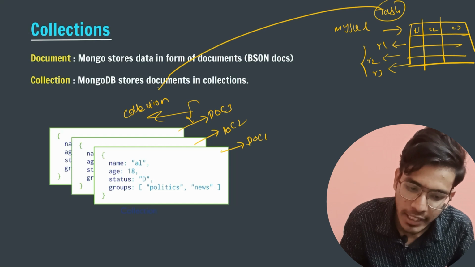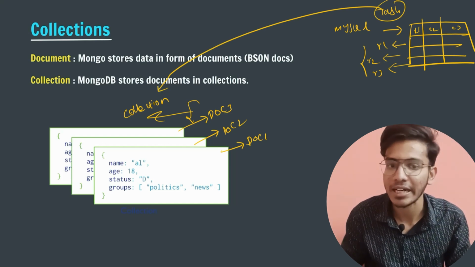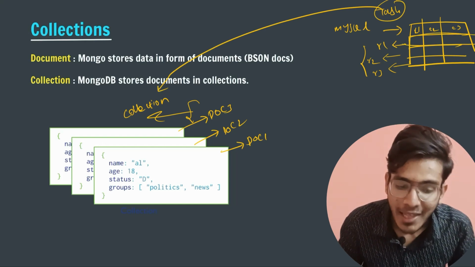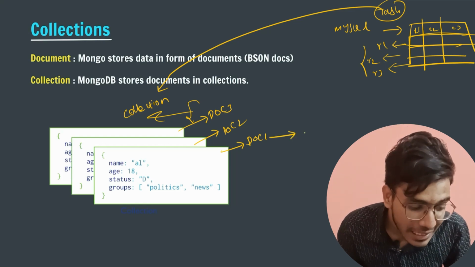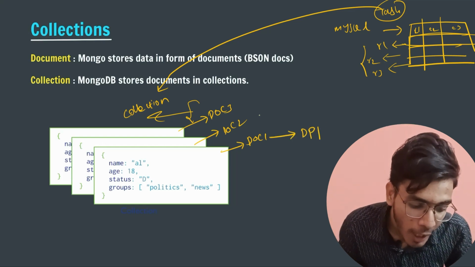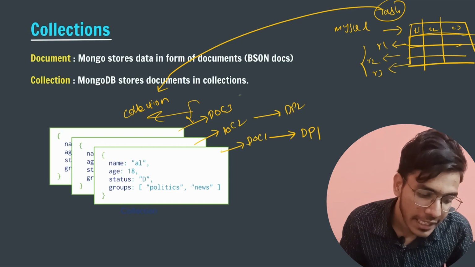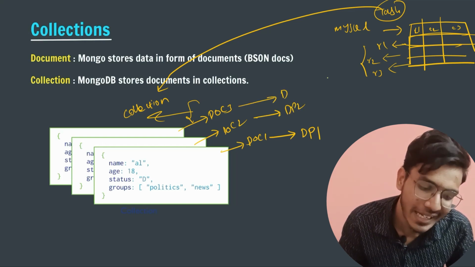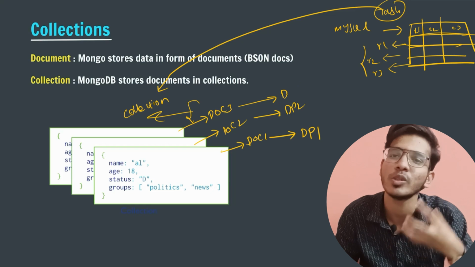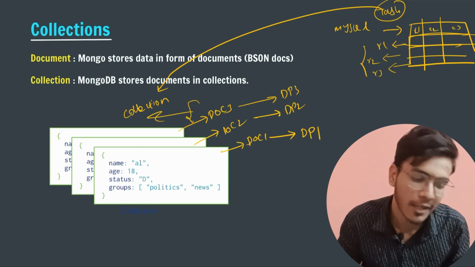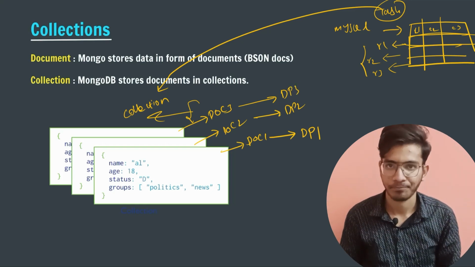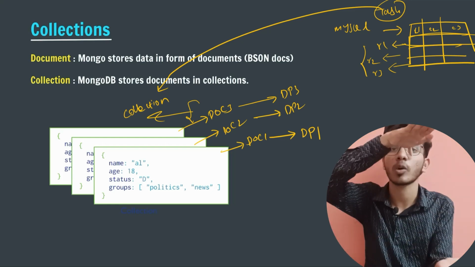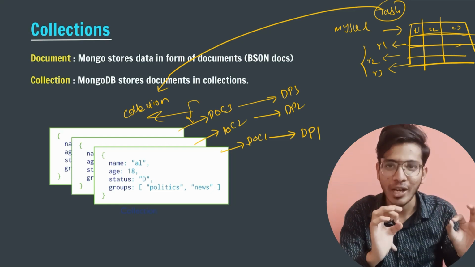In a table we store data, in a collection also we store data, and in each and every row a data point is stored. Similarly, in each and every document a data point is stored. This is data 1, data 2, data 3. Like this we store data in document format. Okay, and the set of these documents is known as a collection.